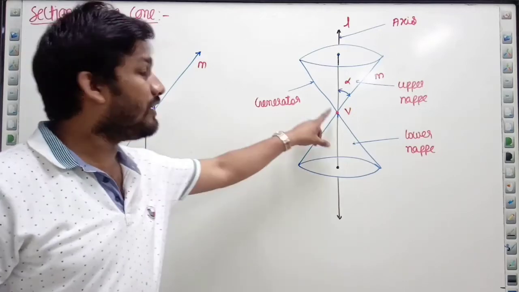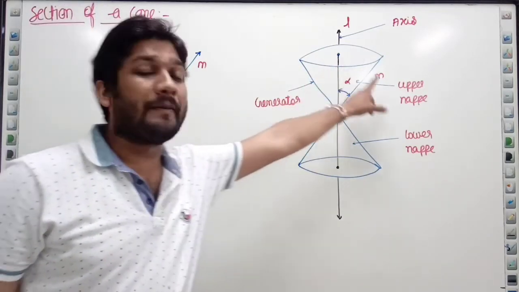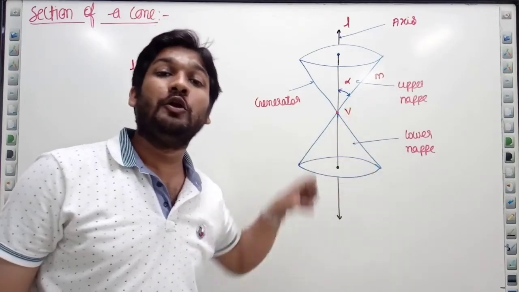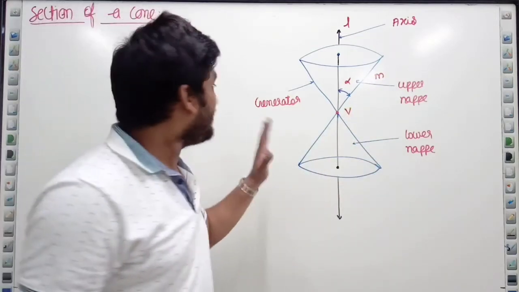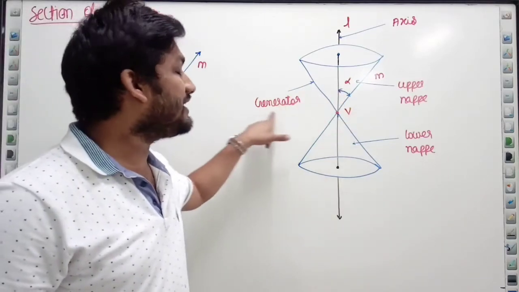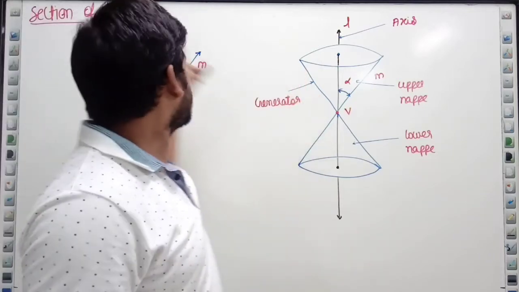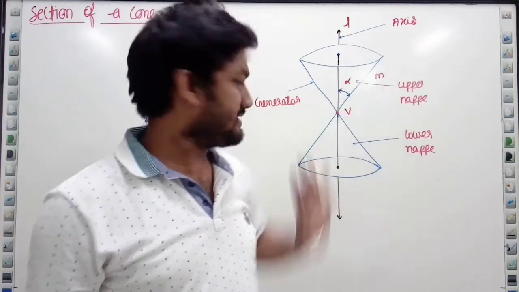Now this vertex will divide the cone into two naps. One is called the upper nap and the other is called the lower nap. The movable line M will generate a generator. Right? These lines are generators. Then the fixed line will be the axis, right?